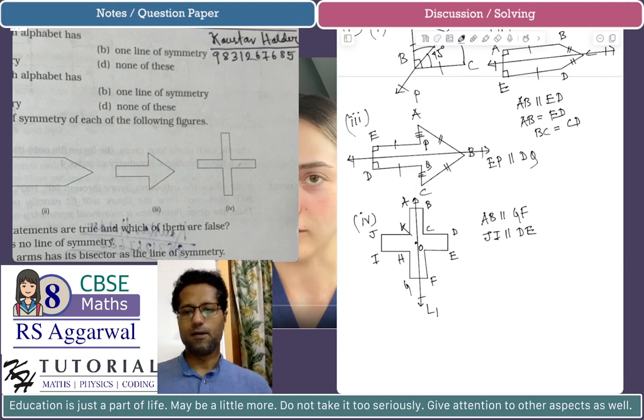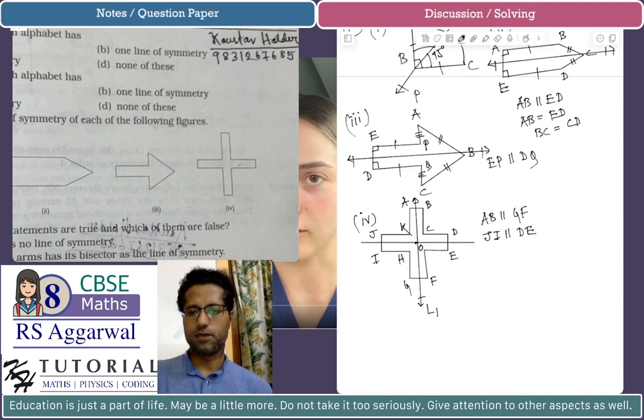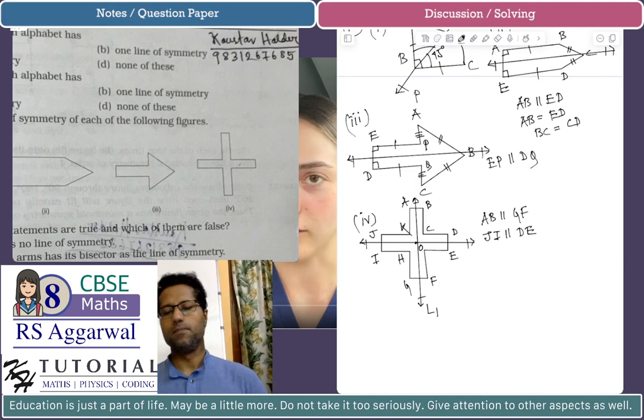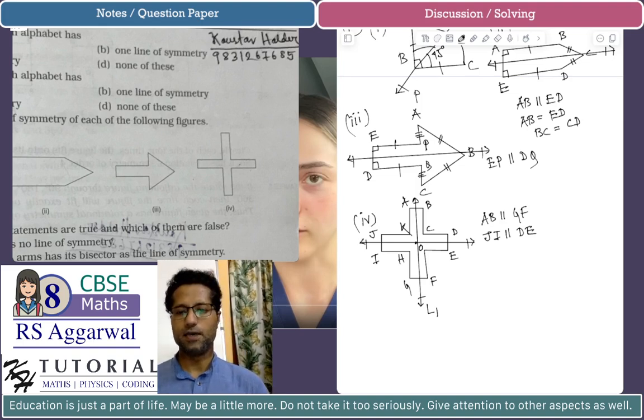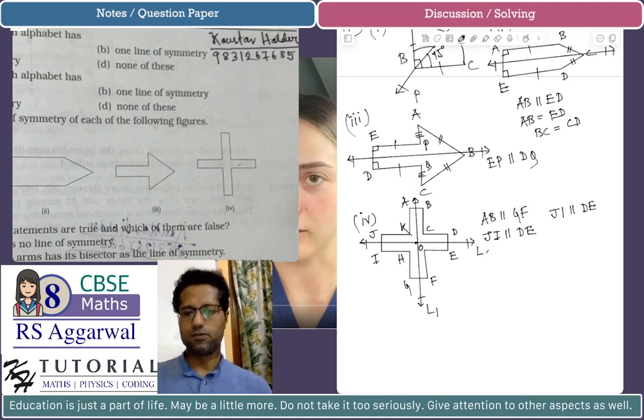Similarly, this line passing through the center O and through the midpoints of the sides JI and DE will also be a line of symmetry, where we know that JI is parallel to DE. So we got two lines of symmetry.